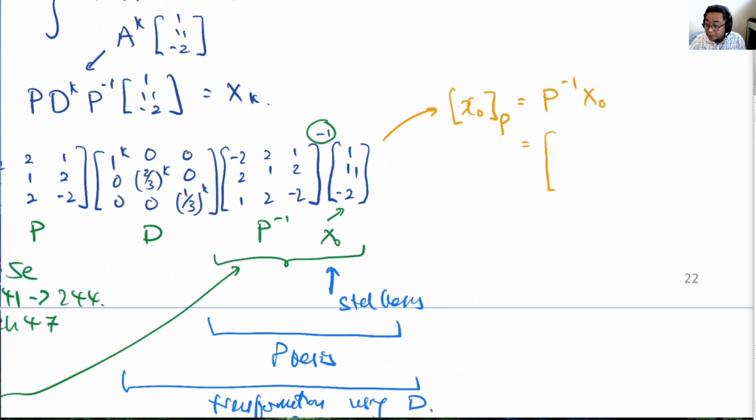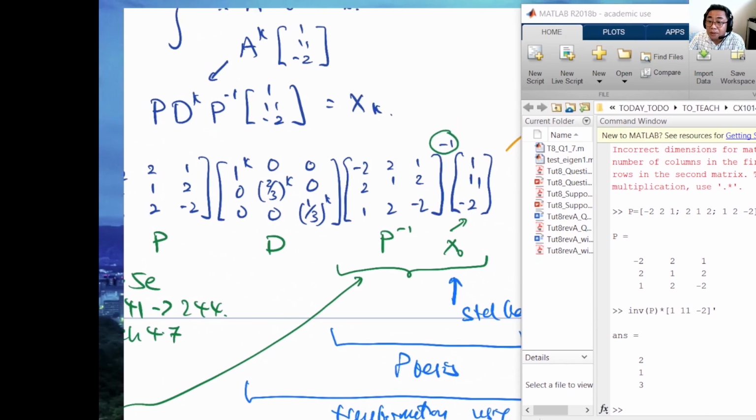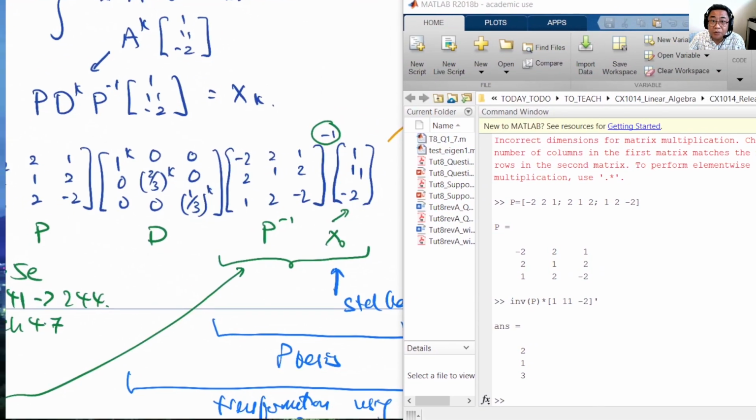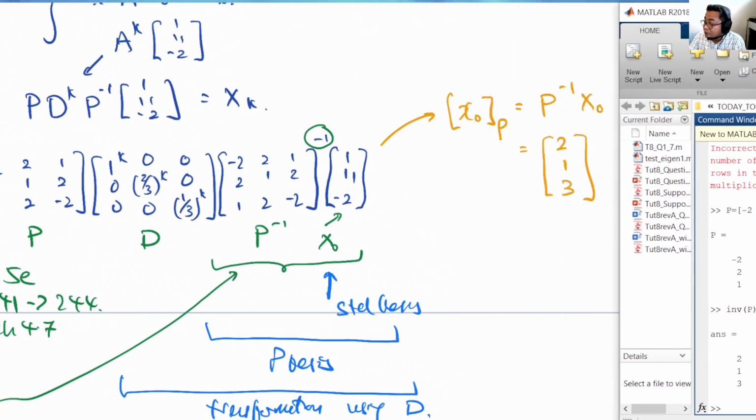I simply use MATLAB to enter P, and then I get P minus 1 times 1, 1, minus 2, which is x0 here, and I get 2, 1, 3. Of course, you have to figure out how to do this by brute force. So this is my answer for 2, 1, 3.